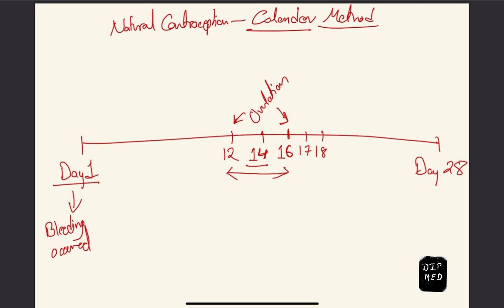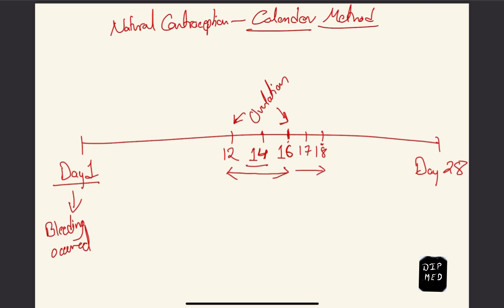So if the egg is released very late, around day 16, it can survive up to day 18. Up to day 18 there is a chance of fertilization if there is sexual intercourse. Hence, up to day 18 is also considered an unsafe period, meaning that if there is sperm during this time, it can fertilize the egg.